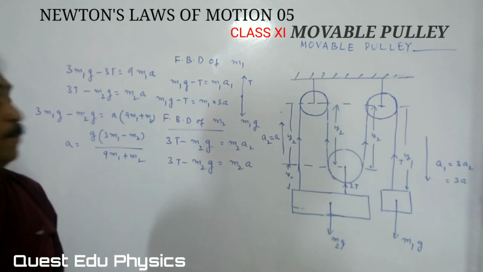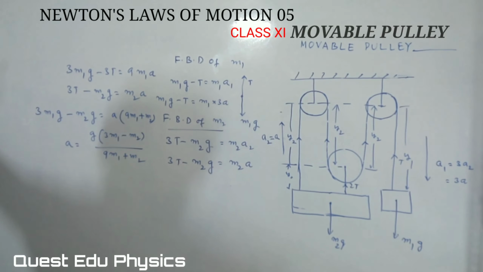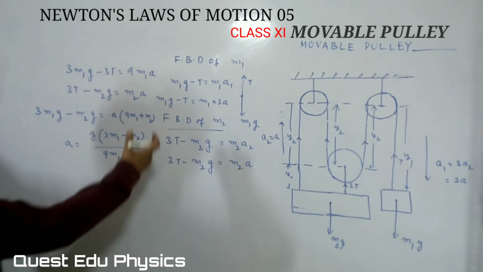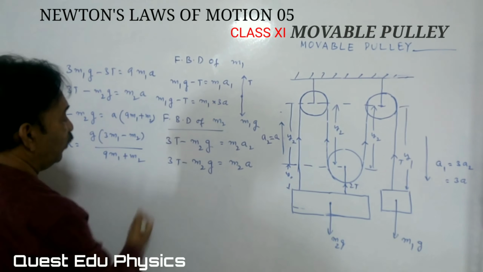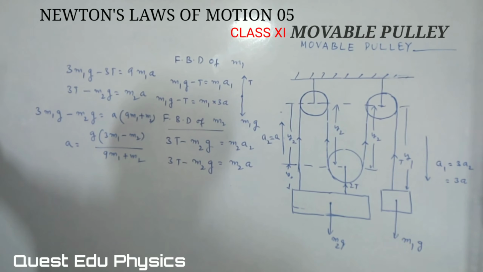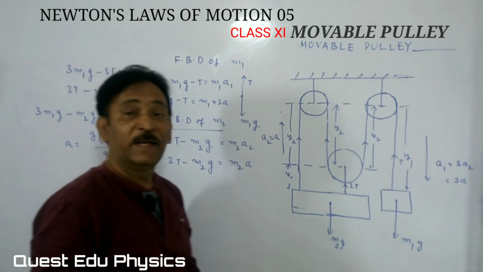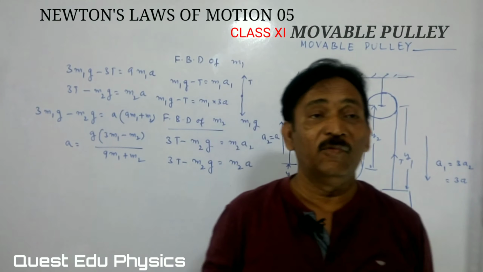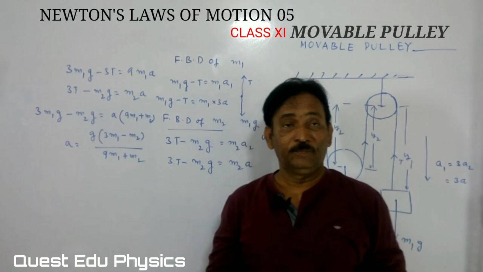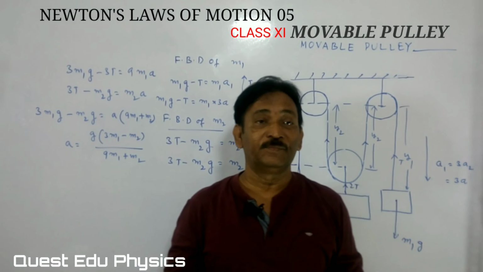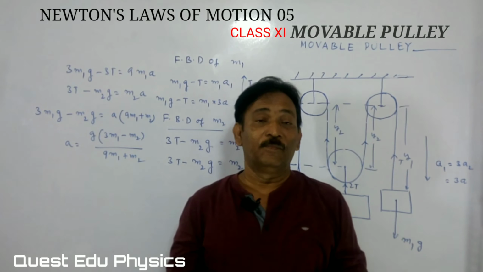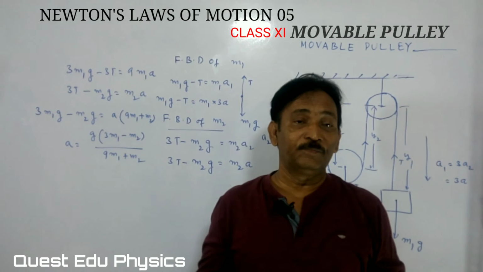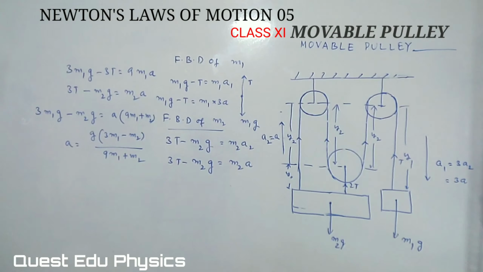Okay students, in this way you can find out the acceleration. Let's substitute this acceleration in one of the equations and we will get the tension. In this way you can find out the acceleration as well as the tension in a 2 pulley system as well as the 3.